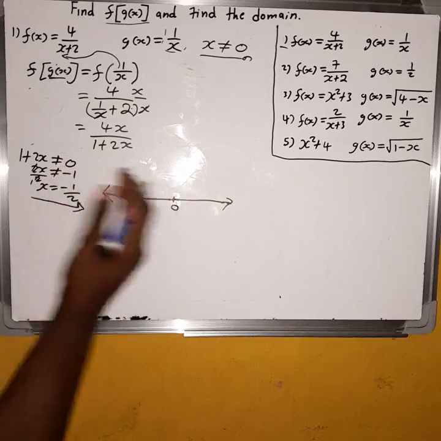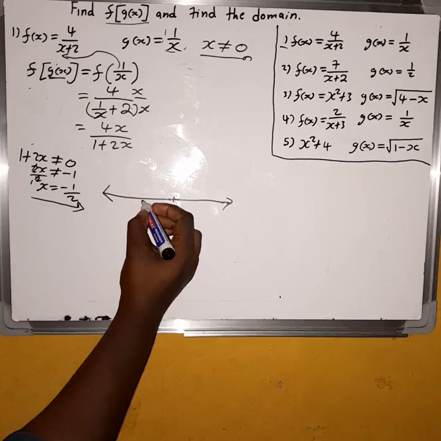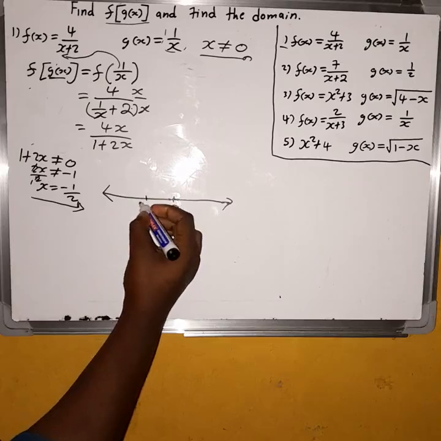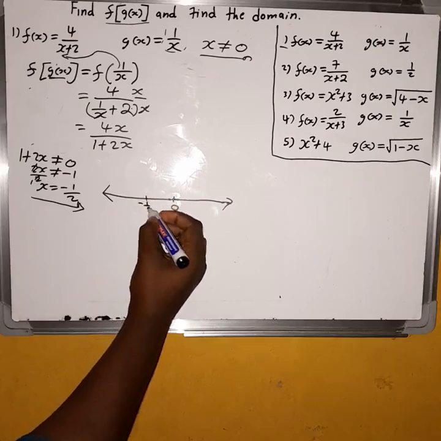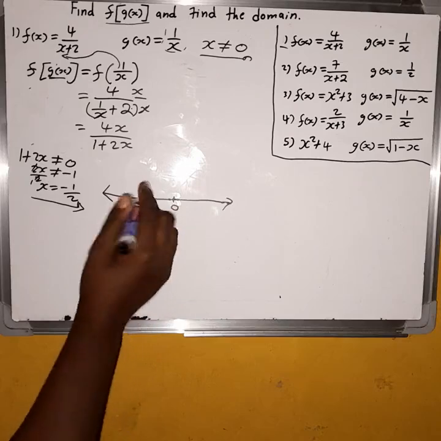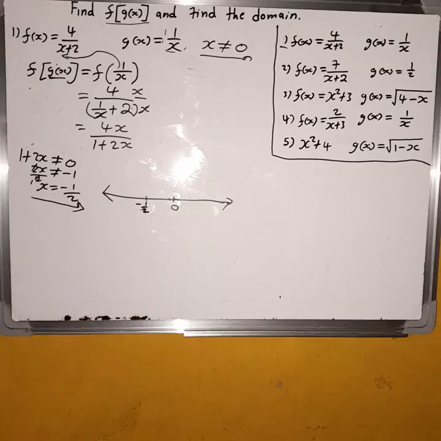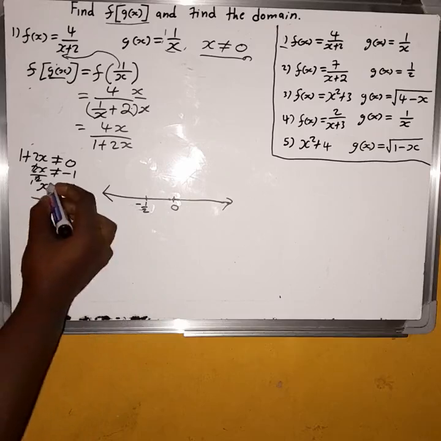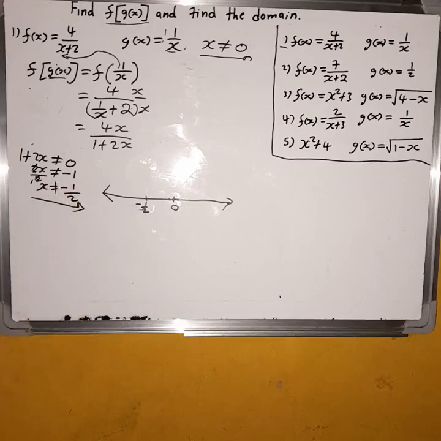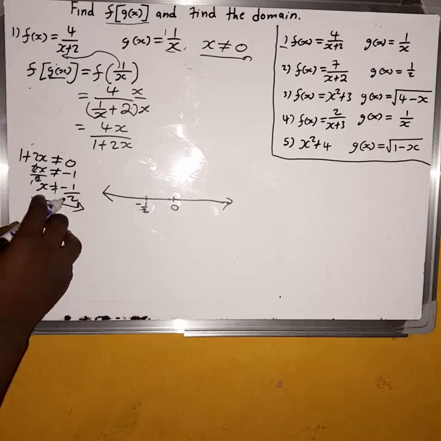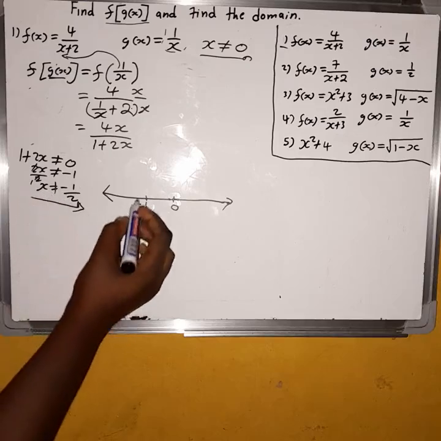Then on this side is negative. Here I can put -1/2. x must not equal 0.